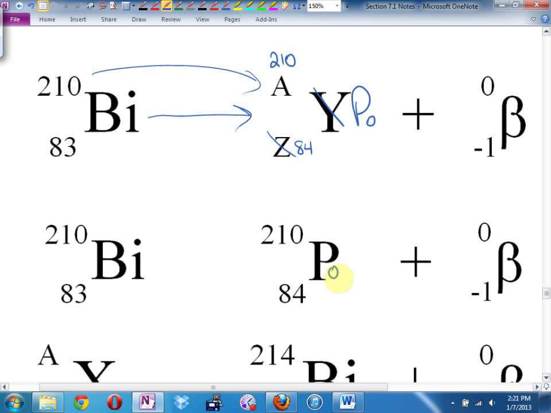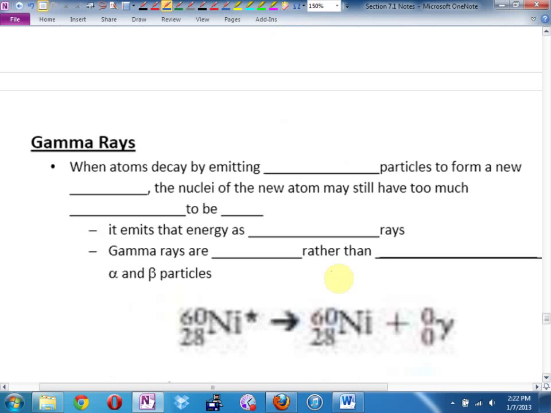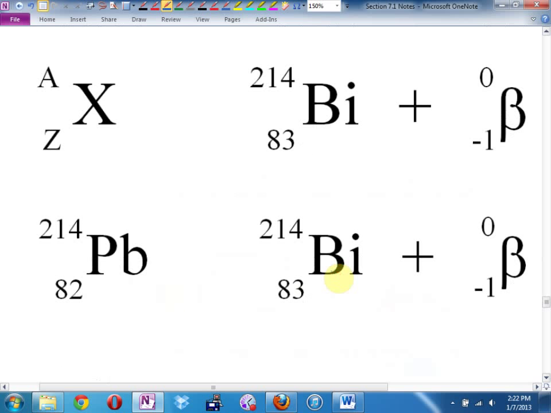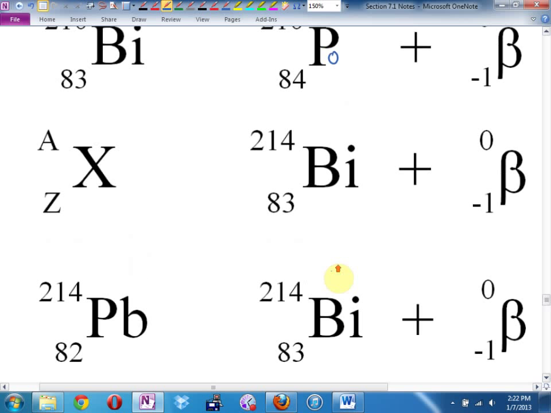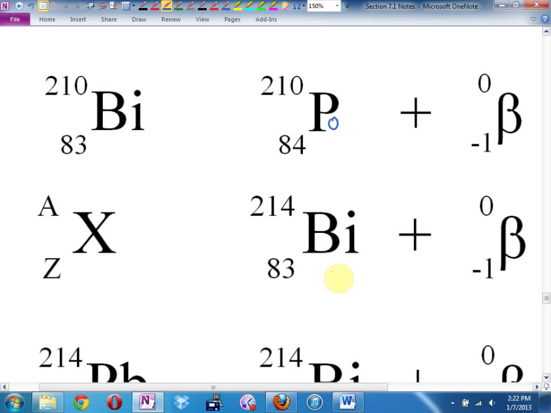So, bismuth, when a neutron decays, can decay into, if it gives off a beta particle, polonium. Like one more and we're done. This one, yep, and gamma rays are pretty short. Once again, the arrow didn't show up.